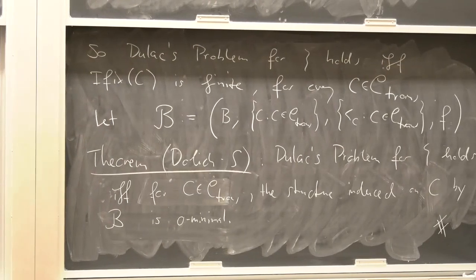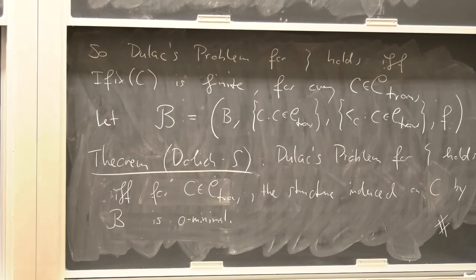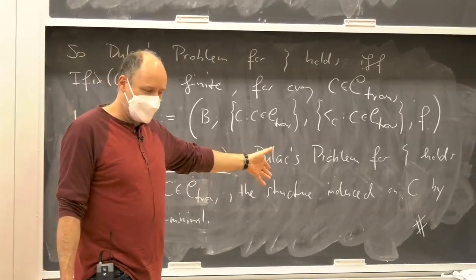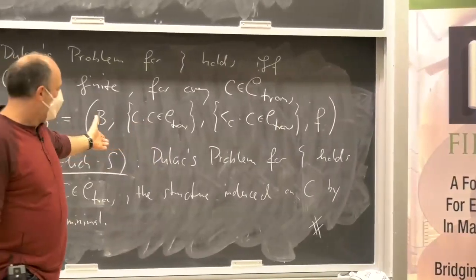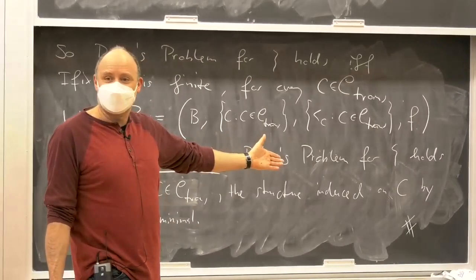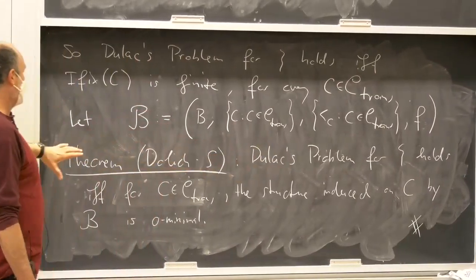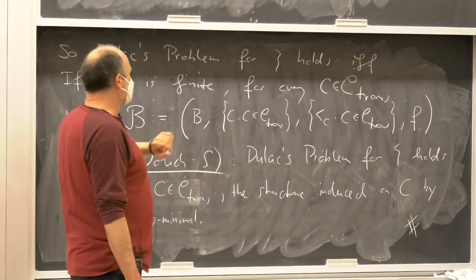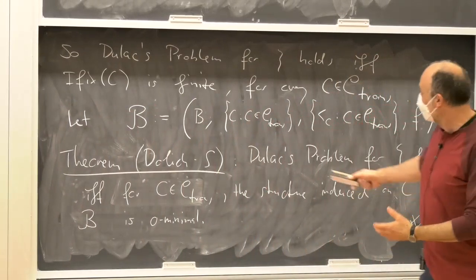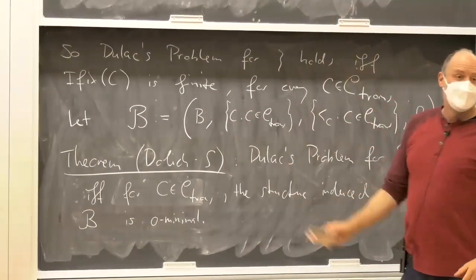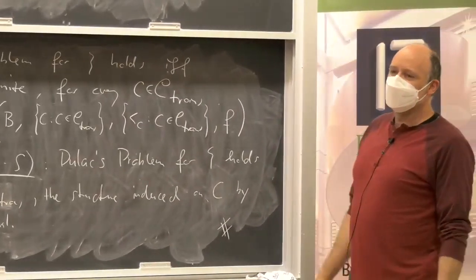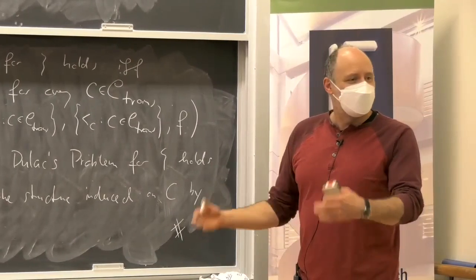So you see, the reason why I wanted to tell this story is because if you want to prove Dulac's problem for a certain vector field, you do that using the forward progression map by analyzing these sets here. What this is suggesting is that you do have to prove more than what it seems like.